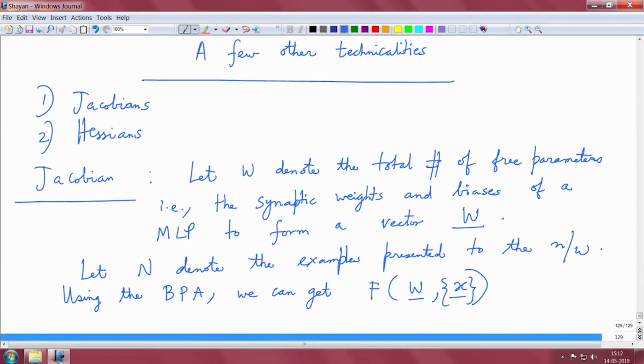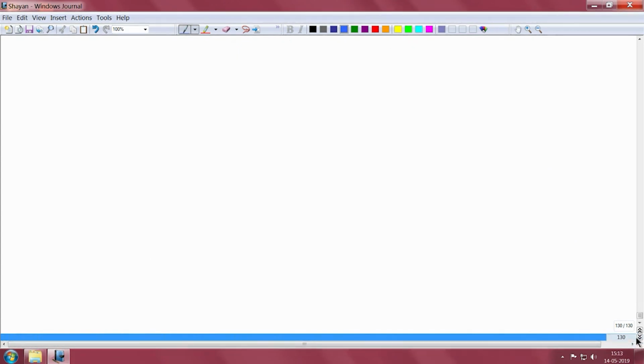Now, suppose we have this set of data points x n from small n equal to 1 to capital N. If I am doing stochastic learning or online learning, at every time step small n, I am presenting a data vector x.